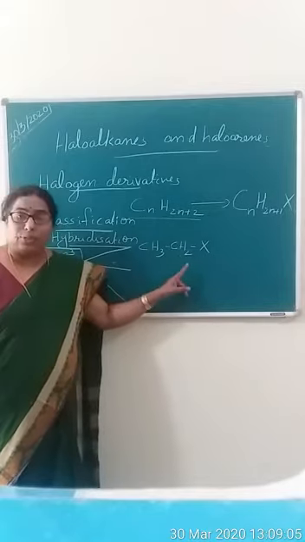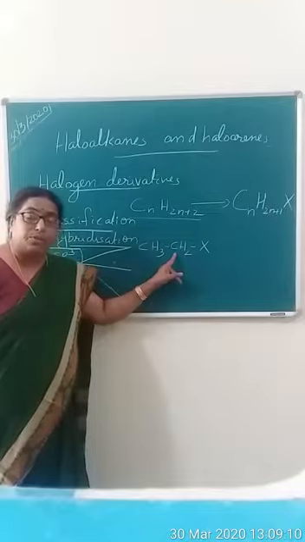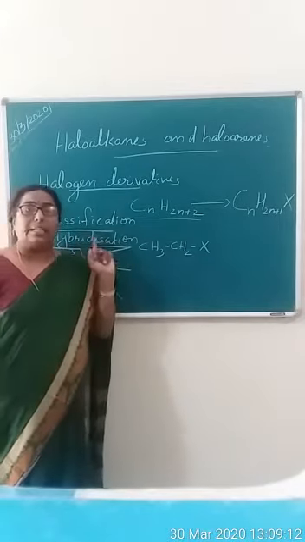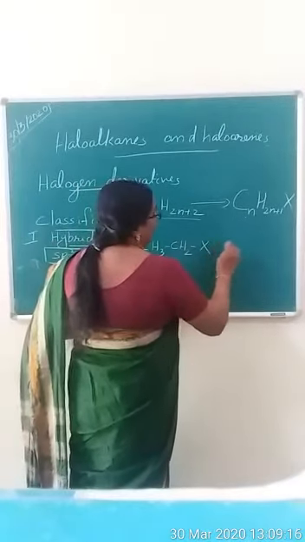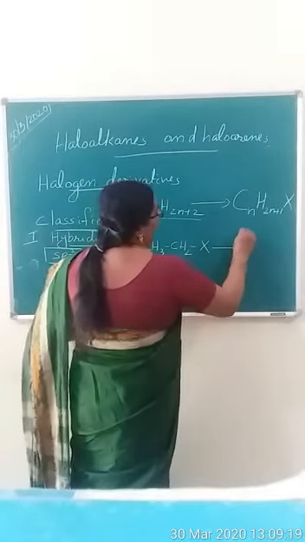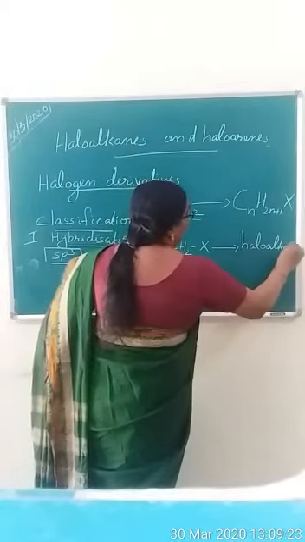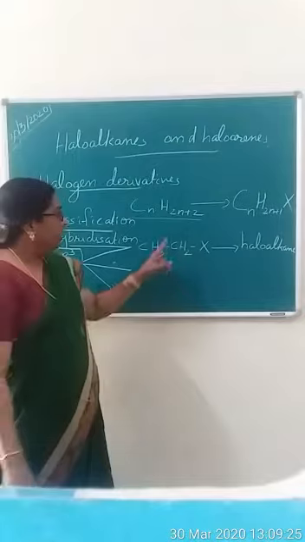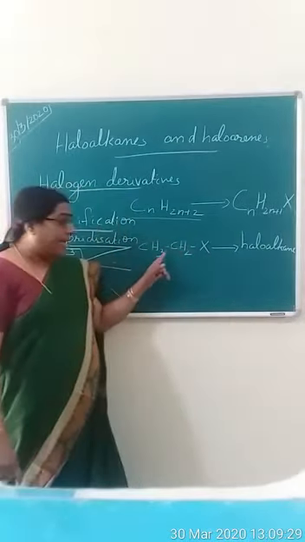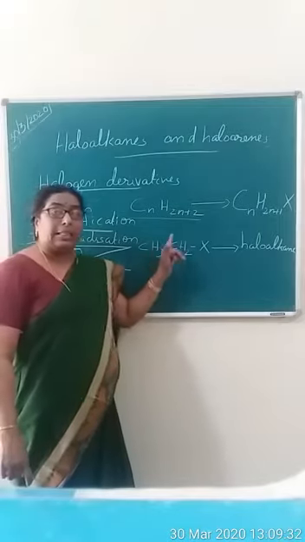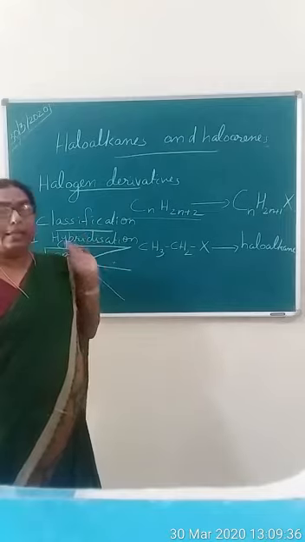This type of halogen derivative where the halogen atom is directly attached to sp3 hybridized carbon is termed as haloalkane or alkyl halide. Is it clear?